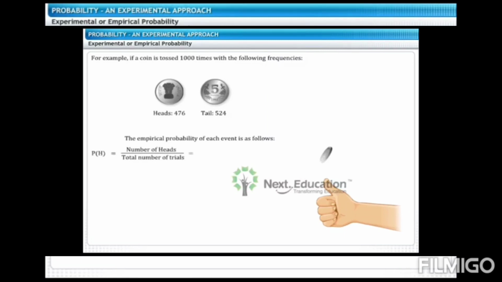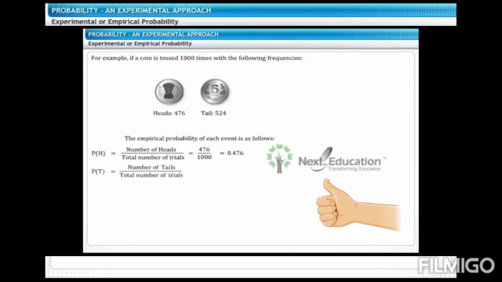In other words, P of H is equal to 476 divided by 1000. So the result is 0.476. Similarly, the empirical probability of getting a tail, or P of T, is equal to the number of tails divided by the total number of trials. In other words, P of T is equal to 524 divided by 1000. So the result is 0.524.